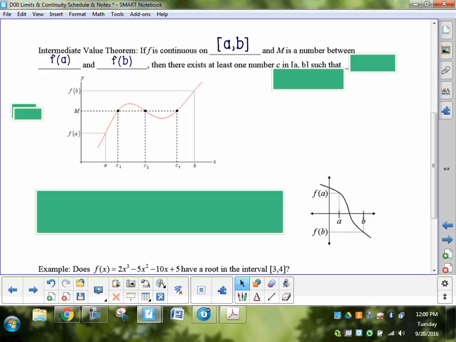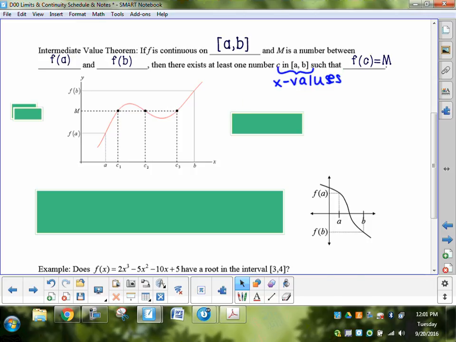So if x falls between there, and you know the endpoints, the x's that it ends at, and you know the y values that it ends at, there exists one number C such that it takes on M, which is somewhere between those output values.